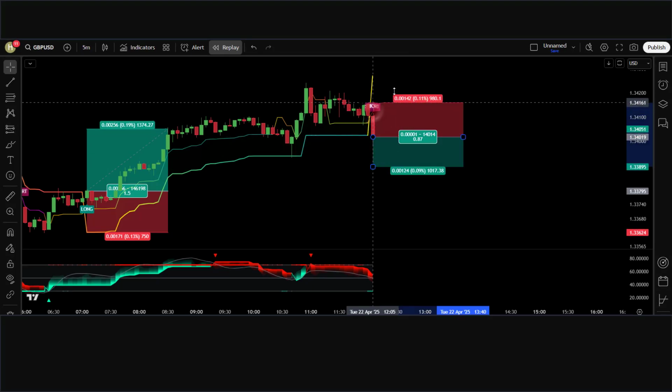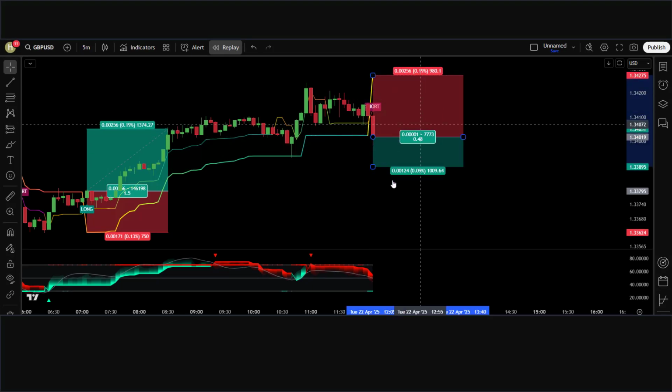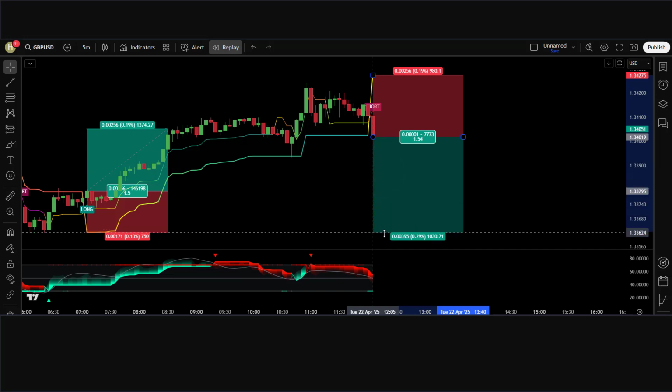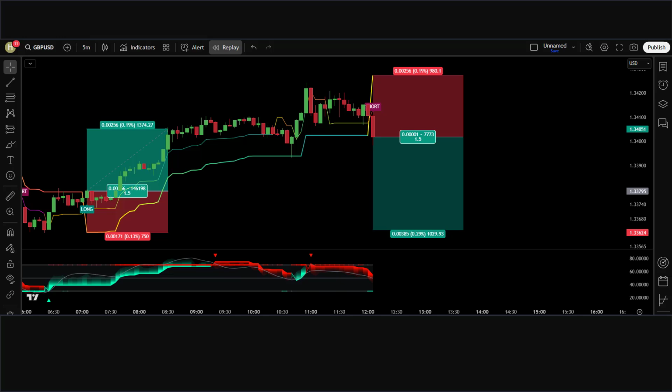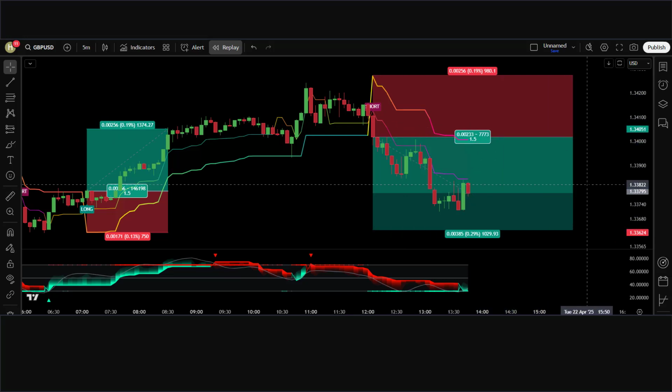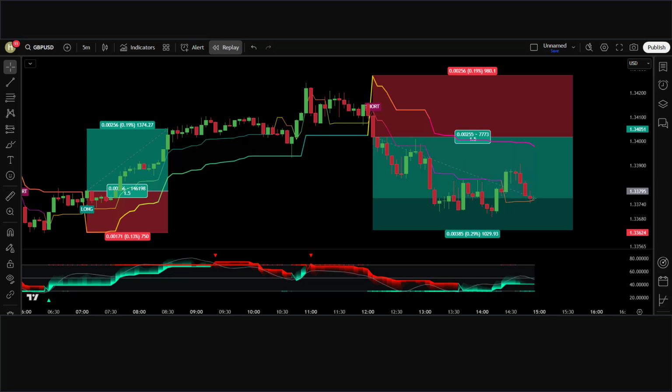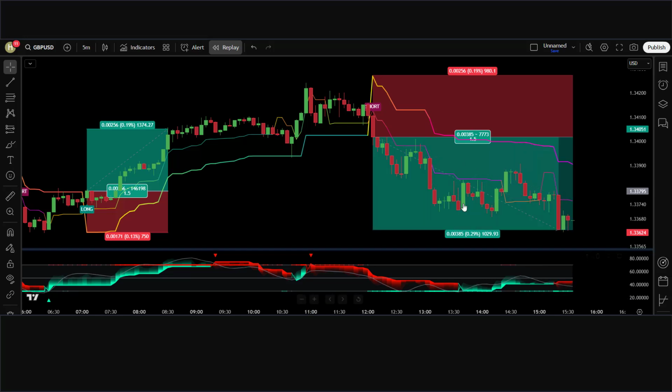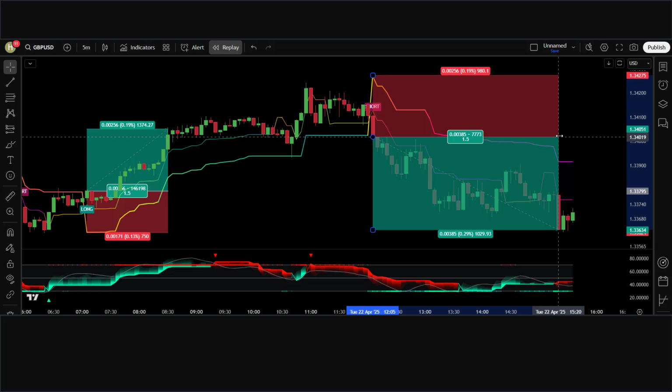Our stop loss will be placed at the higher level of the volatility stop line, and the risk to reward ratio will be 1:1.5. The market has completely hit the target.